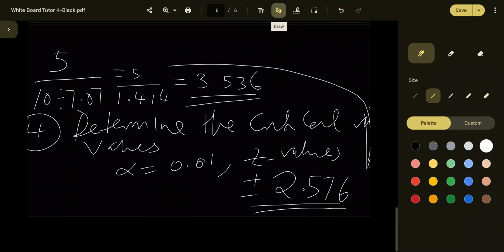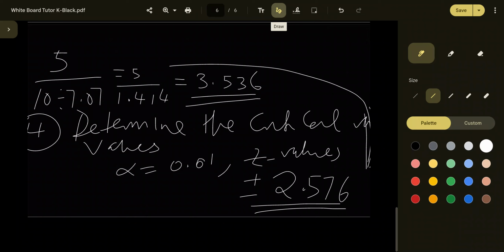So for you to determine the critical value, you know the significance level that we have is 0.01. Now this is a two-tailed test, so you simply multiply by 2. What are you going to get? You're going to have 2.576.